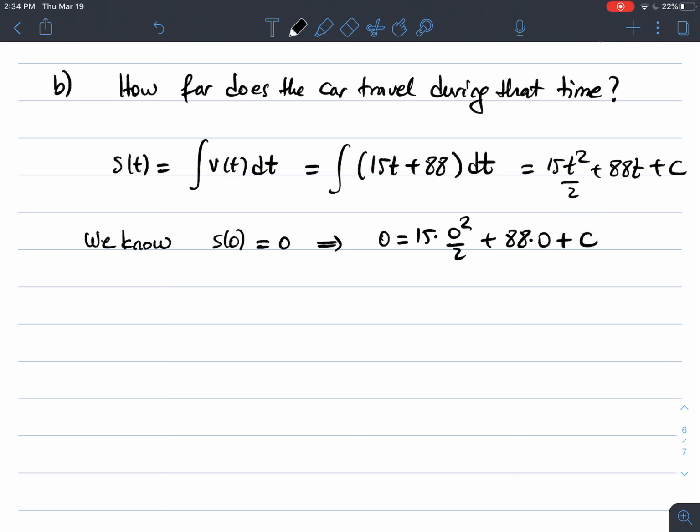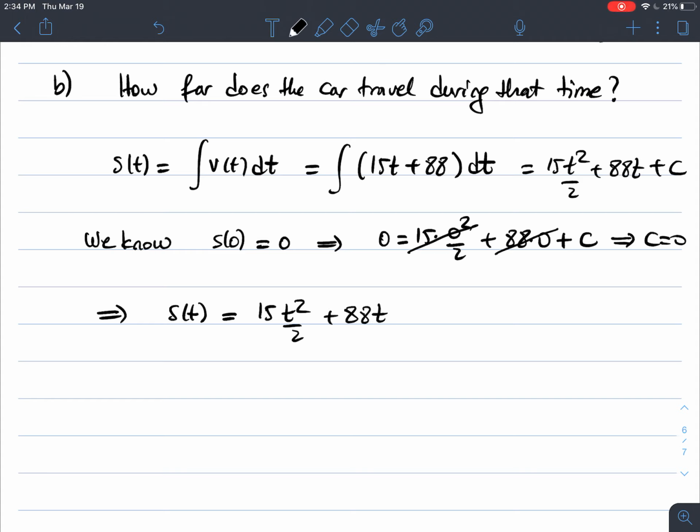So this means that c is 0, right? Because this is 0, this is 0, so c is 0. All right, so now we have our position function, which is equal to negative 15t squared over 2 plus 88t.